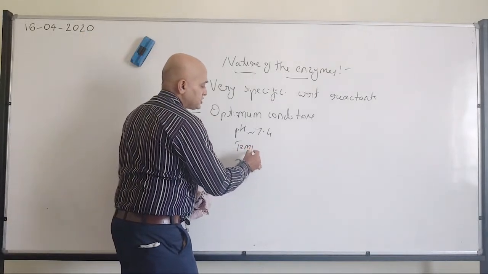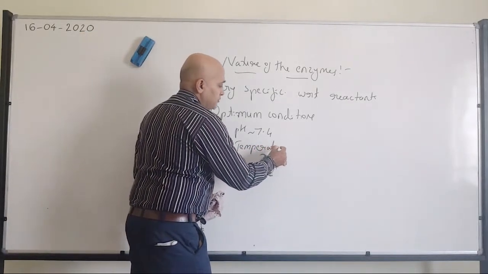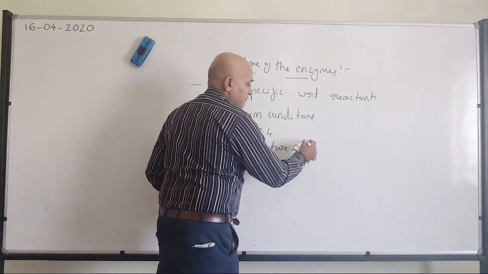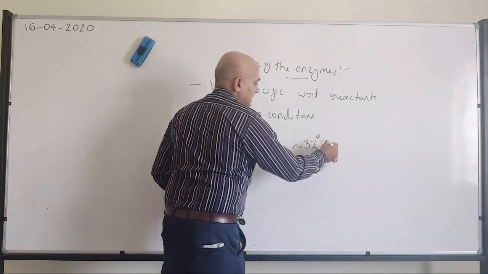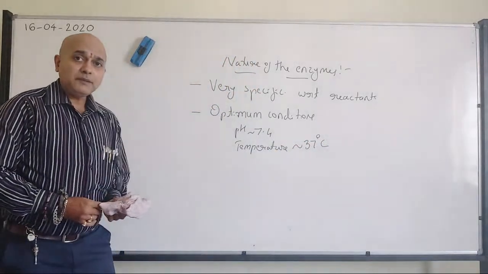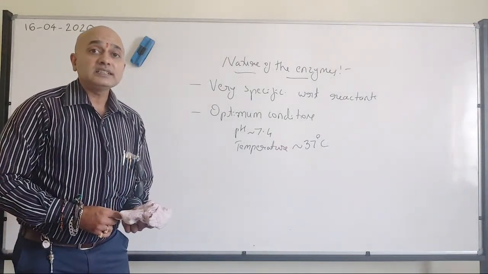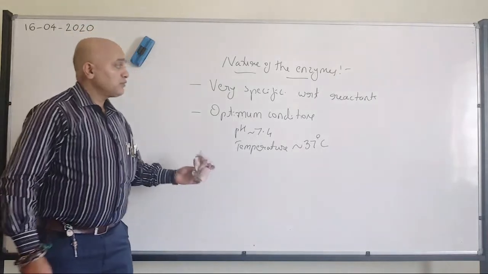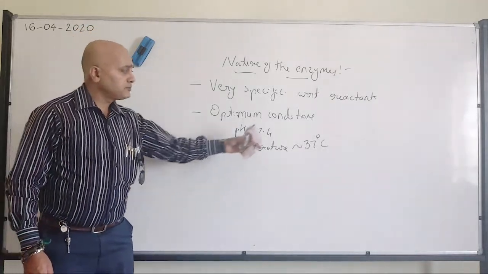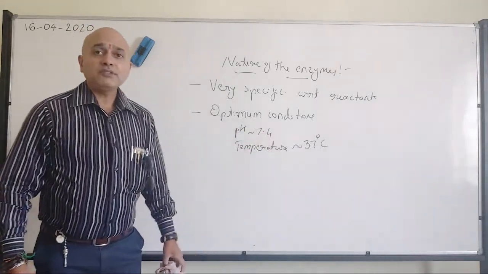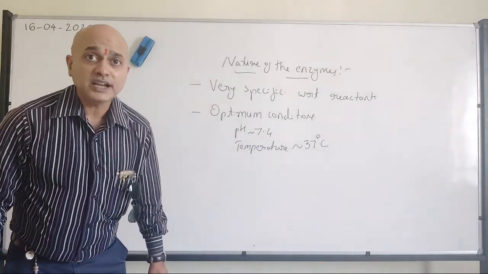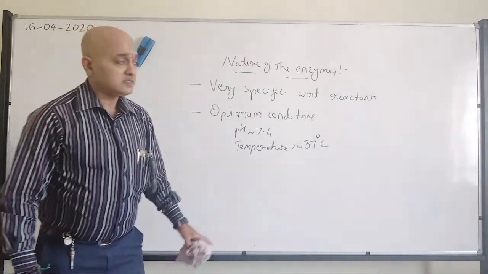Now, temperature can be somewhere around 37 degrees Celsius. Right? So what I mean to tell here is, if you observe the condition, whatever I have written, biology students already got the answer.